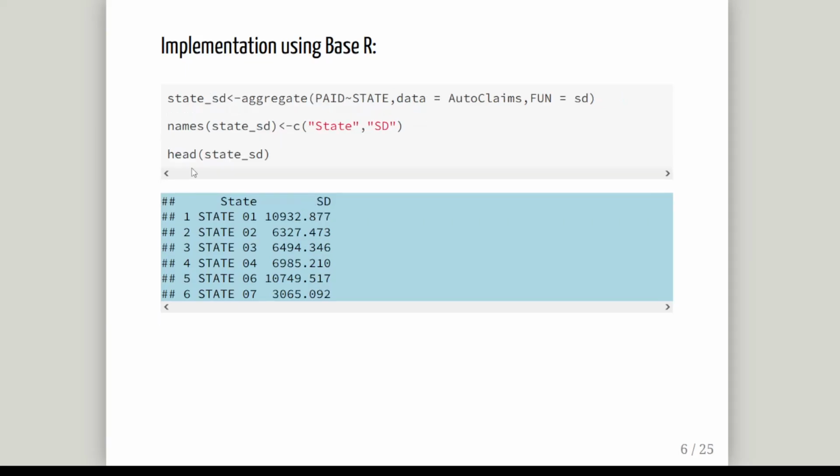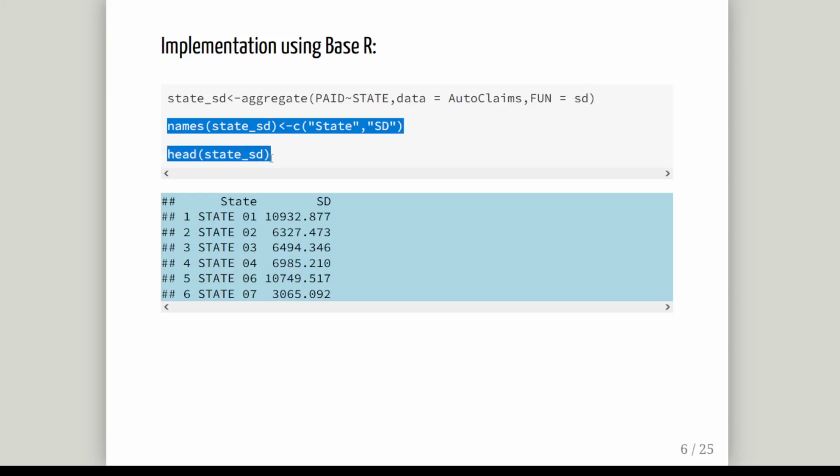We can do the same again for standard deviation, state underscore SD, aggregate the amount paid by state from the AutoClaims dataset, and the function here is SD, standard deviation. So essentially I have a data frame set up, just change the names accordingly, and let's have a look at that there. Head state underscore SD. Okay, so that's now done.